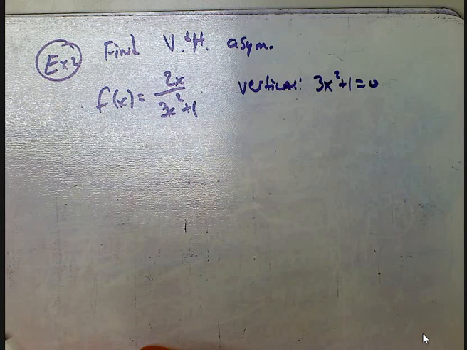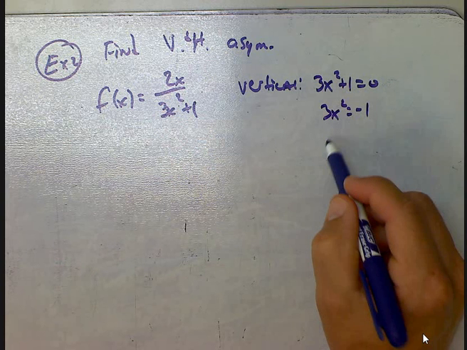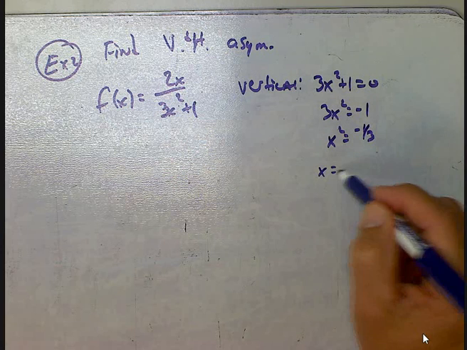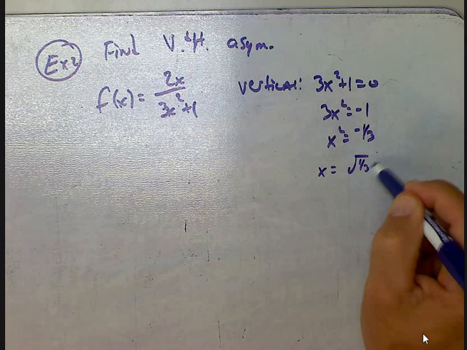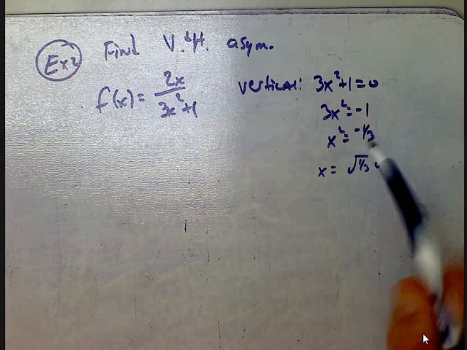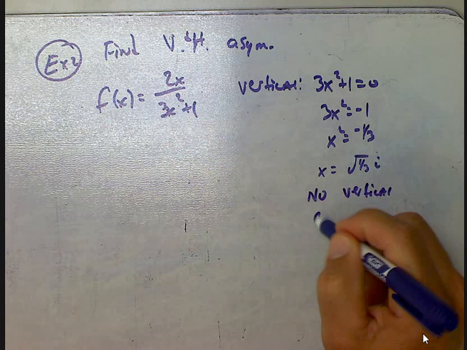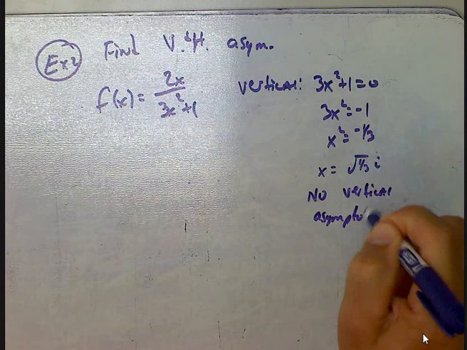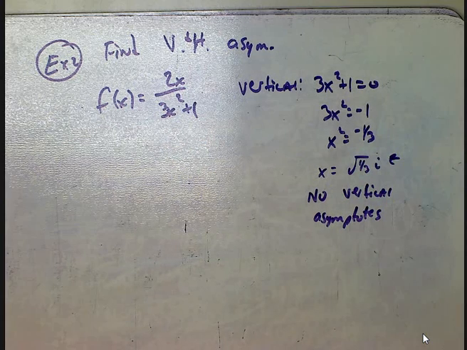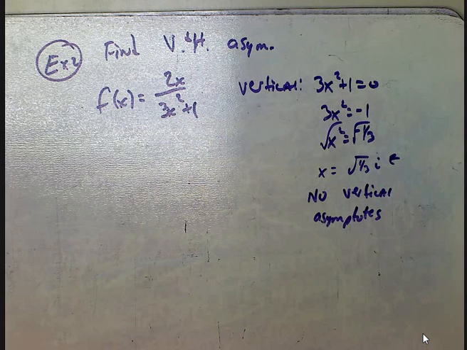And then we're going to solve. 3x squared equals -1. X squared equals -1/3. And x is going to be the square root of 1/3 i. As you can see here, this is imaginary, so there are no vertical asymptotes. And again, since this is imaginary, that's why there's no real asymptotes for vertical.